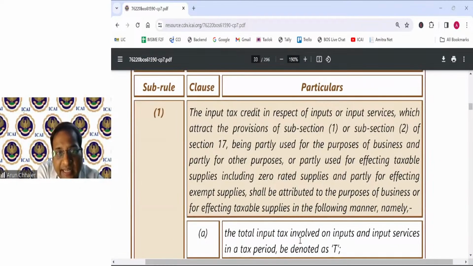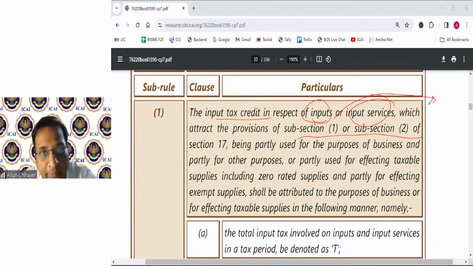The input tax credit on input or input service, because we are reading rule 42, is not applicable on capital goods, which attract the provision of 17.1 or 17.2. 17.1 is if I am using my common ITC for two purposes: one is business purpose, one is non-business purpose.